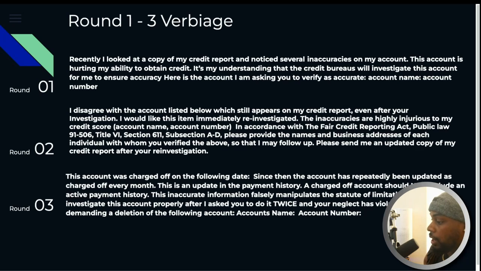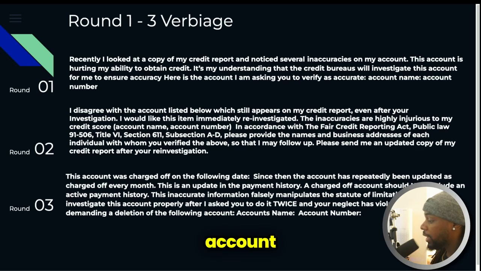So this account was charged off on the following date. If this is applicable to your charge off, again, the repossession could not show charged off, so just keep that in mind. You just want to use the right verbiage. This account was charged off on the following date. Since then, the account has repeatedly been updated as charged off every month. This is an update in the payment history.